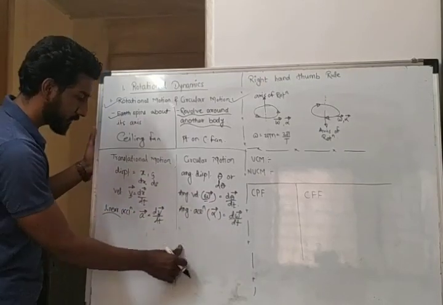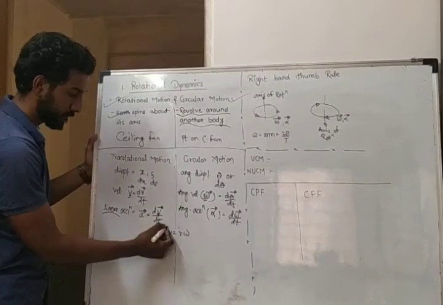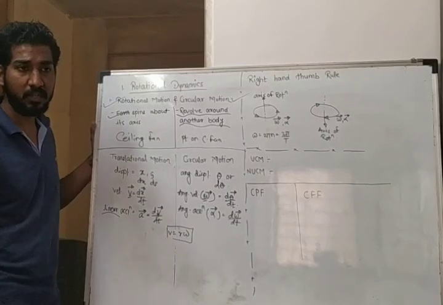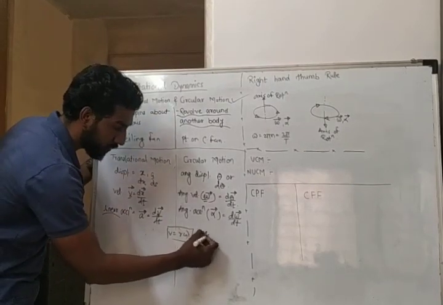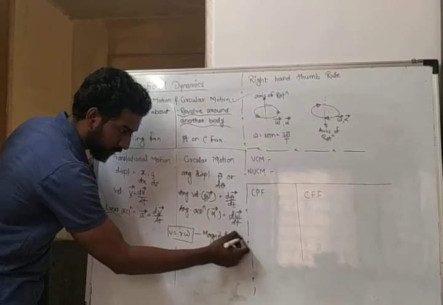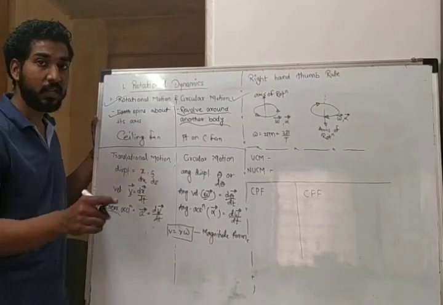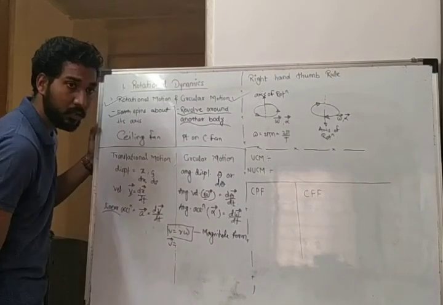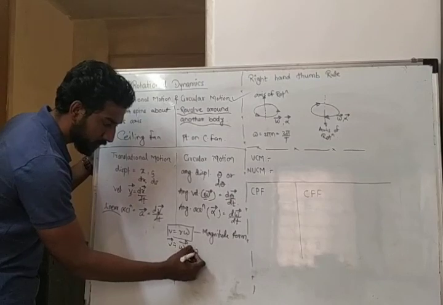Now this velocity v and omega also have some relation. We can write it as v is equal to r omega. Here v is linear velocity, r is the radius vector, and omega is angular velocity. This is the magnitude form actually. We have not considered any direction here. If you want the direction also, the formula can be written as v bar is equal to omega bar cross r bar.